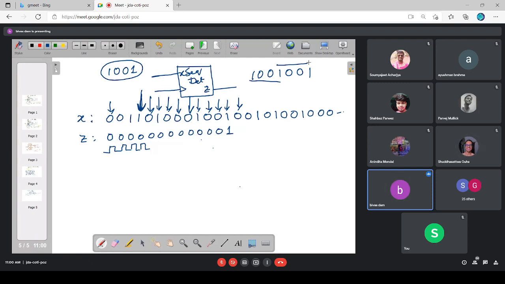Yes, sir. Similarly, if my sequence detector were for this, if the sequence that needs to be detected is 1010, in that case, if we allow overlapping, this will be one sequence, this will be the second sequence, this will be the third sequence.